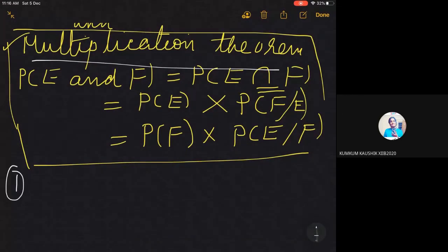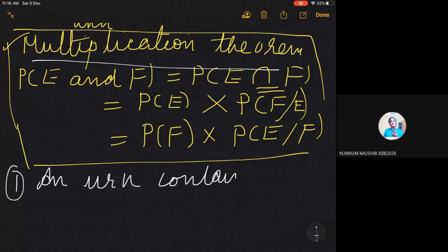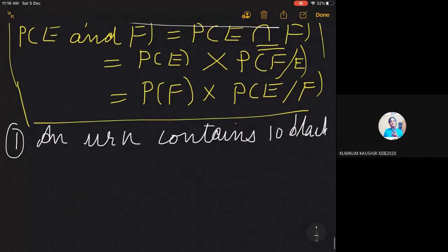An urn contains ten black and 5 white balls.